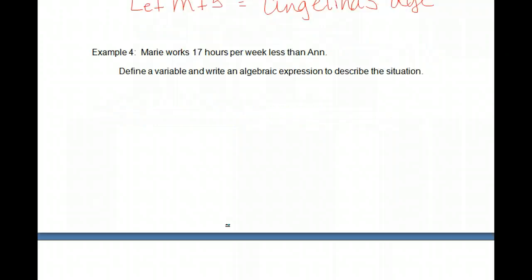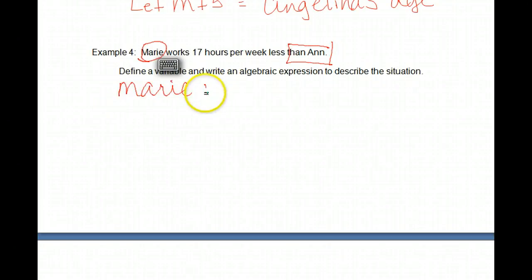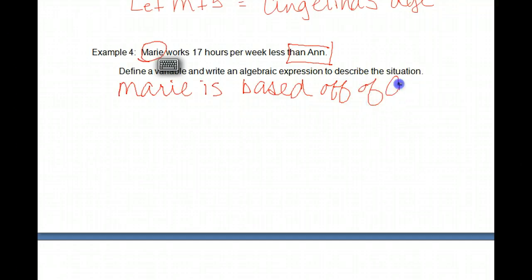Example 4. Marie works 17 hours per week less than Anne. Who is based off of who? Marie, blah, blah, blah, than Anne. So Marie is based off of Anne. So Anne is our starting point.